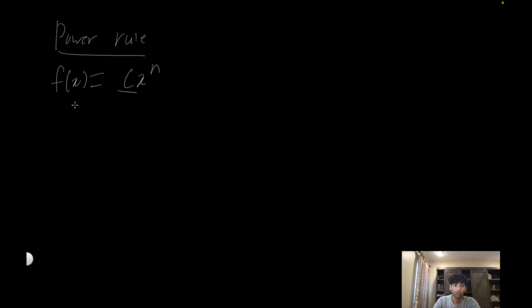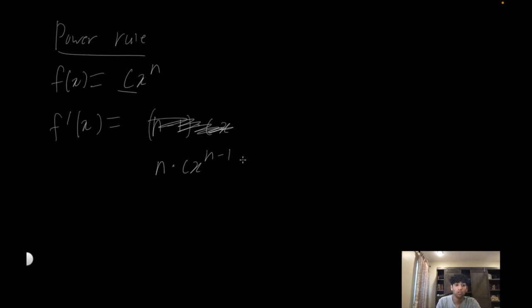If you want to take the derivative of something like this, f prime of x, or the derivative of f of x, is simply going to be n times c times x to the n minus 1 power.